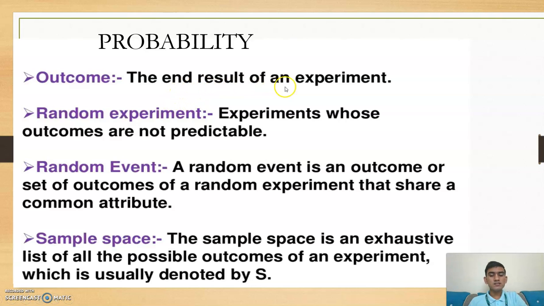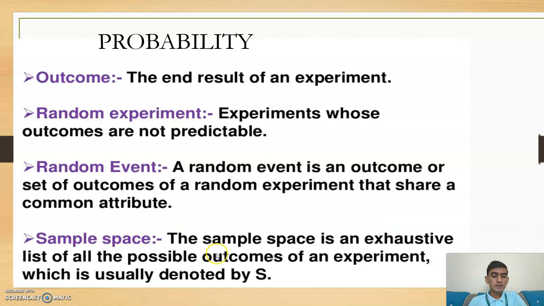So we should know some basic terminology in probability. Outcomes: the end result of an experiment is called an outcome. Random experiment: an experiment whose outcomes are not predictable, that means we don't know what will be the outcome. A random event is an outcome or set of occurrences of a random experiment that shares a common attribute.